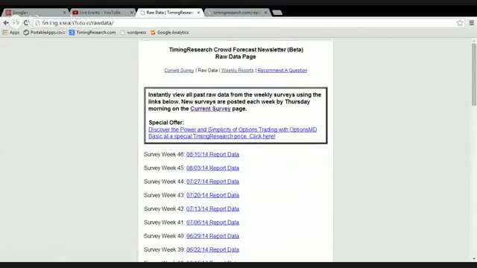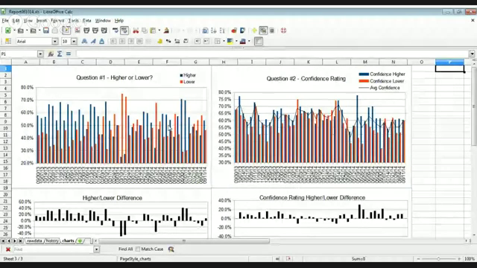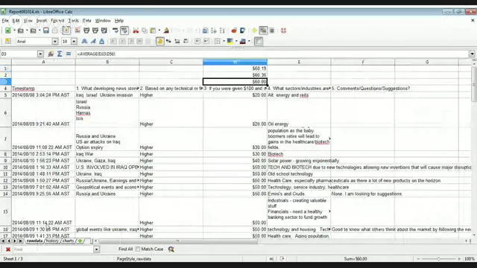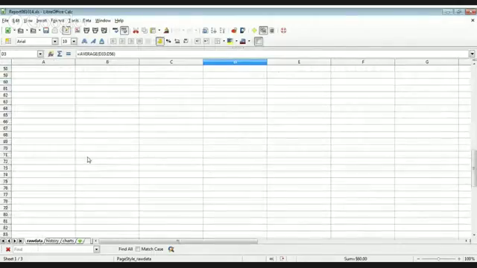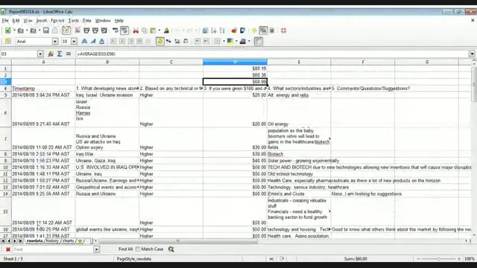And the raw data of all responses is available in one of the tabs.